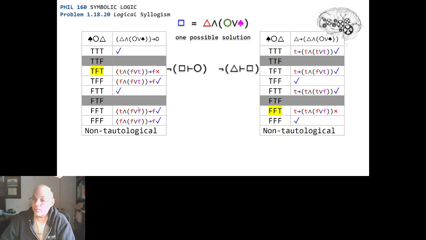So our statement so far has passed 3 of the 4 tests. And in the last test, it's the FFT case that we were having trouble with. And again, we feed back in the value of spade, false in this case. The OR value becomes false.